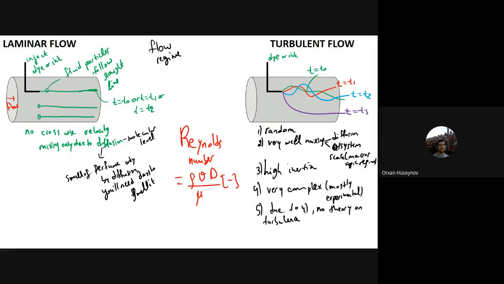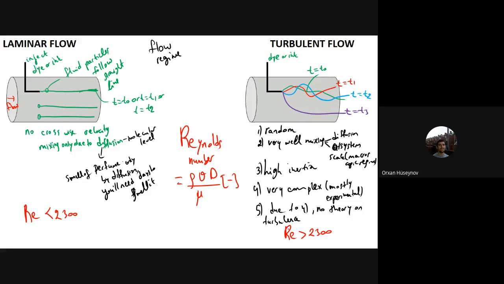And if it is a laminar regime, the Reynolds number should be less than 2300. But if it is turbulent regime, the Reynolds number should be greater than 2300, and this is called the turbulent flow.